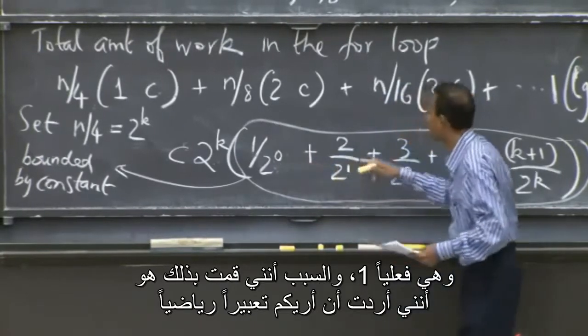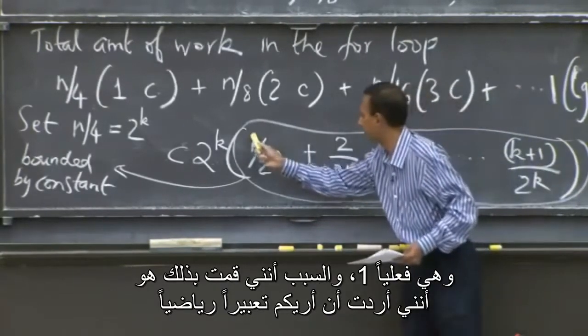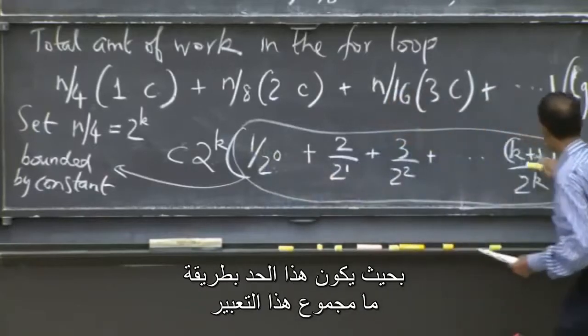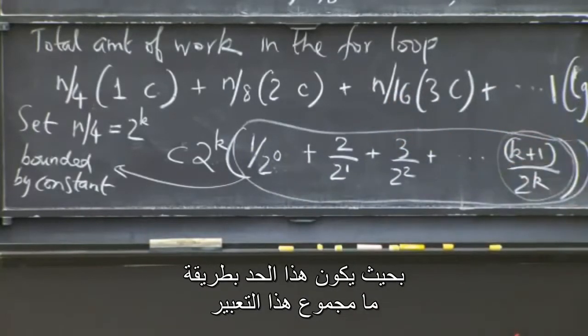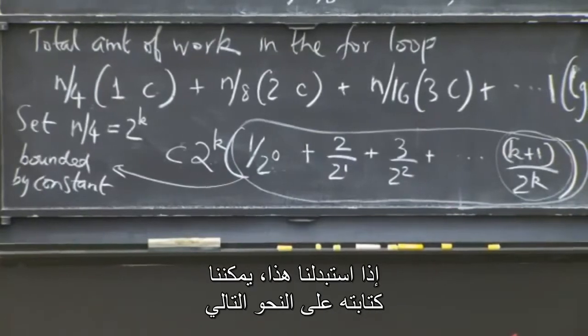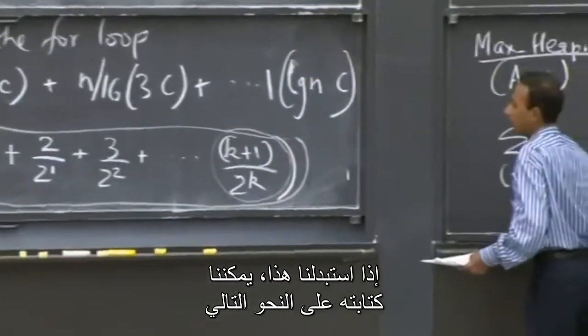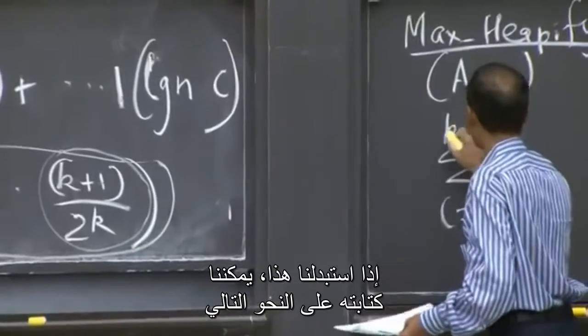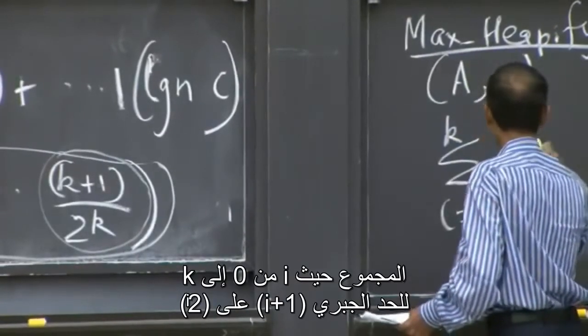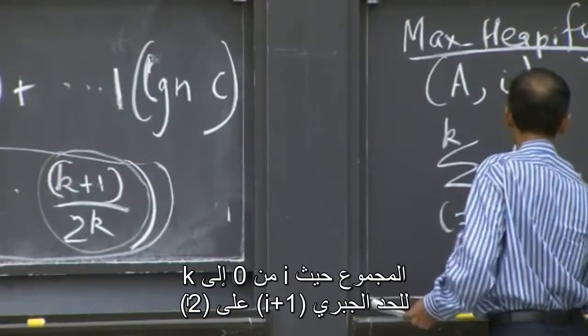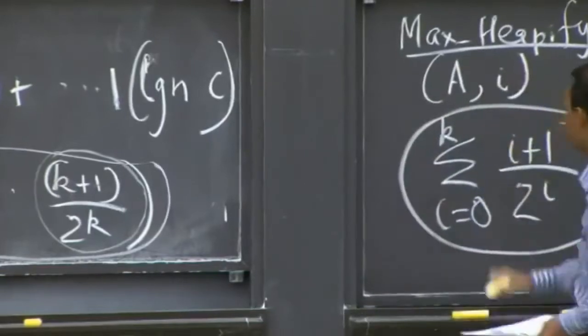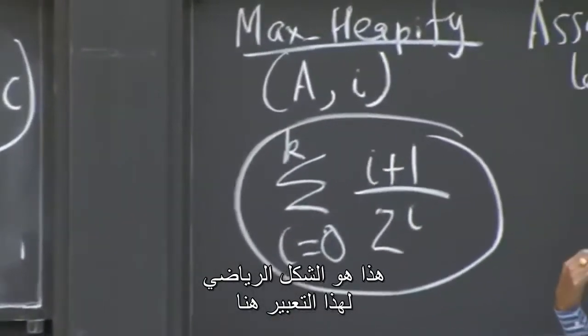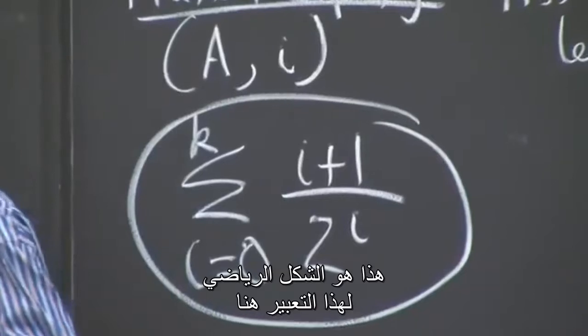The reason I want you to do this is because I want to show you an expression that is the summation for your expression. You can write that out as the sum from i equals 0 through k of i plus 1 divided by 2 raised to i. That is the symbolic form of this expression which came from here.